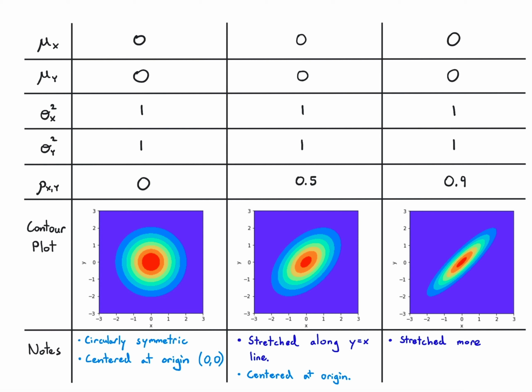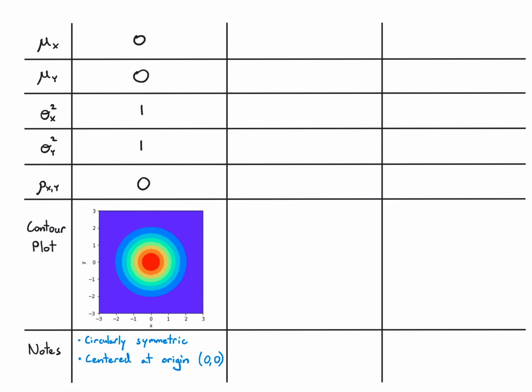And in fact, this would continue all the way until I made rho xy equal to exactly 1, and then it would collapse down to a line. Okay, so that's basically what's going on. It's saying that with this rho xy, I can determine how much of a linear relationship exists between x and y. All right, so let's start to play around with some of these parameters together.